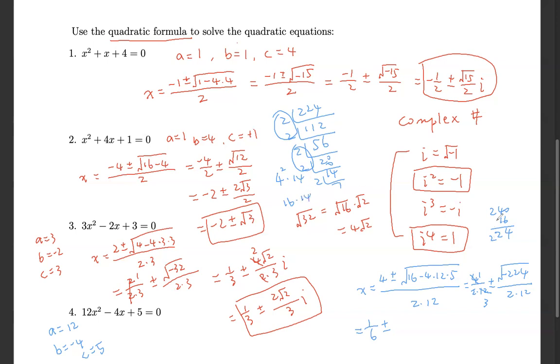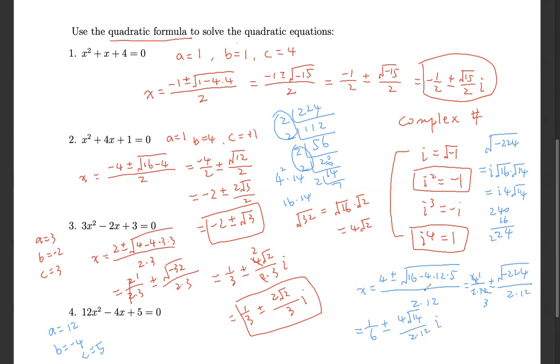Okay. So square root of negative 224, we can do i times square root of 16 times square root of 14. That's i times 4 square root of 14. So putting it here, we have 4 square root of 14 divided by 2 times 12.